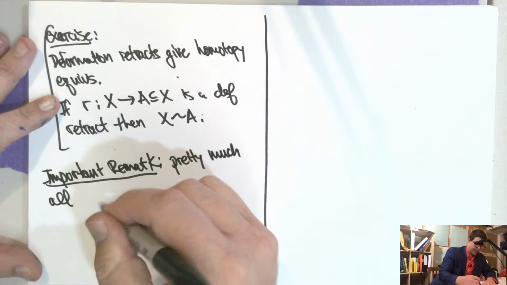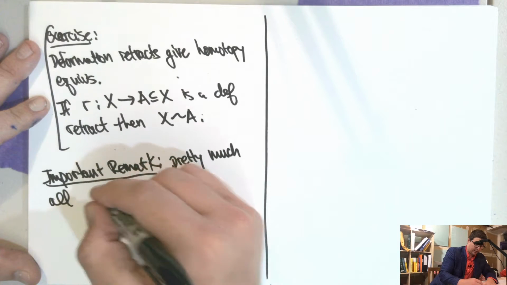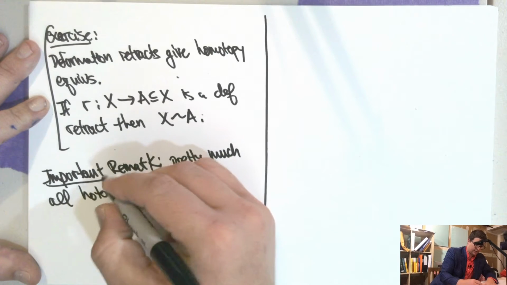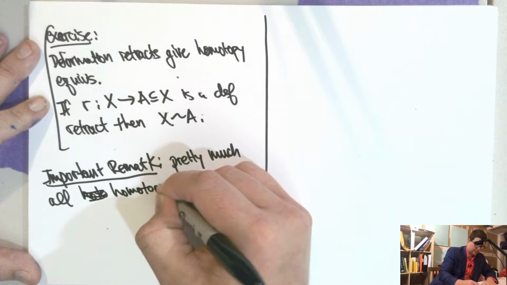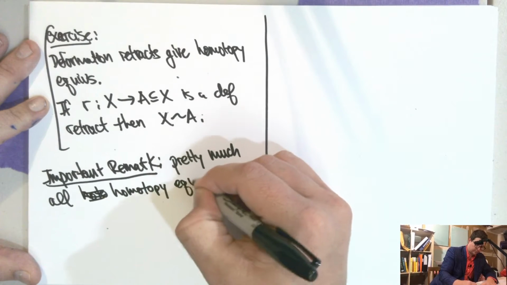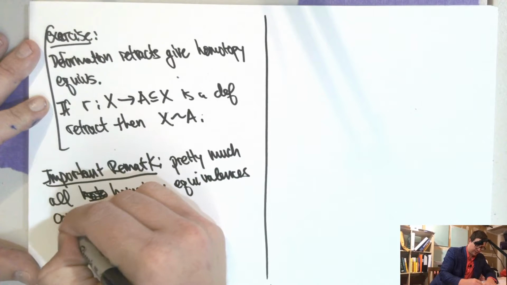All homotopy equivalences come from deformation retracts.